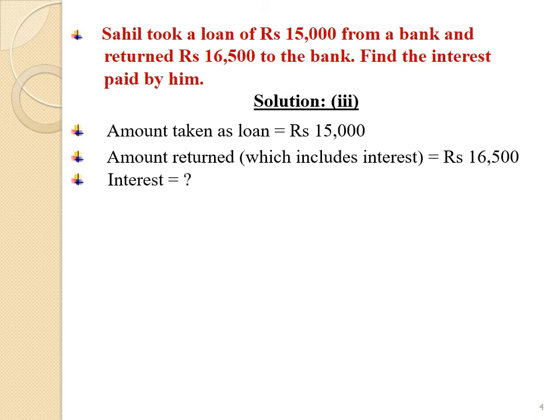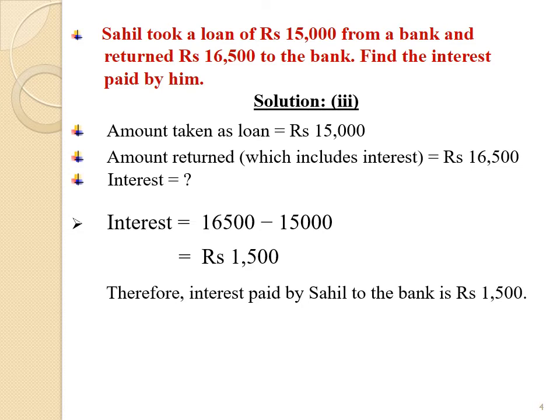Therefore, interest equals 16,500 minus 15,000 equals rupees 1,500. Thus, interest paid by Sahil is rupees 1,500.